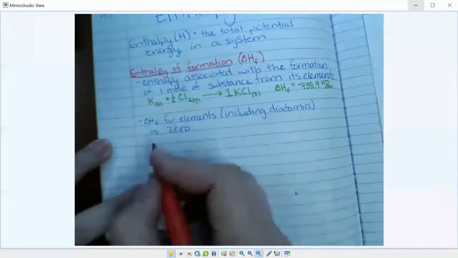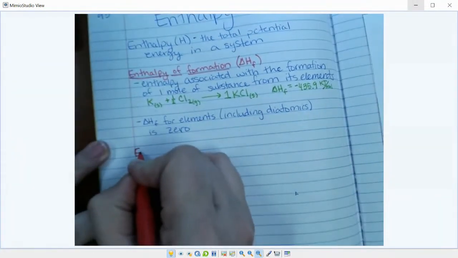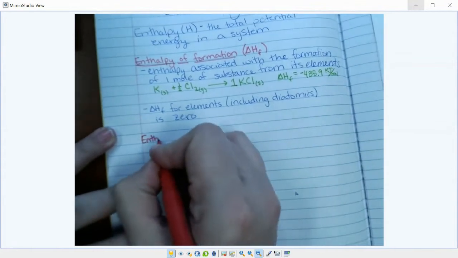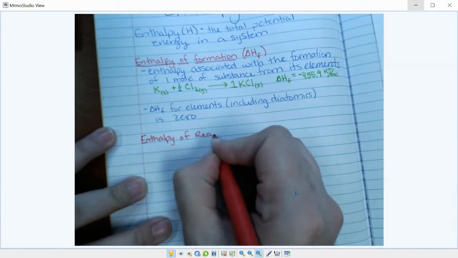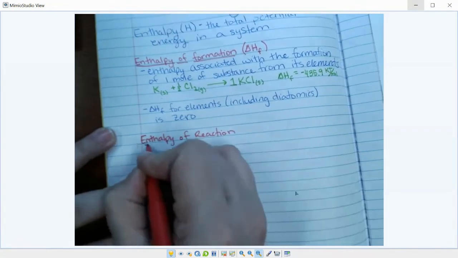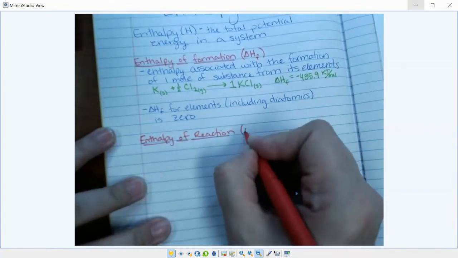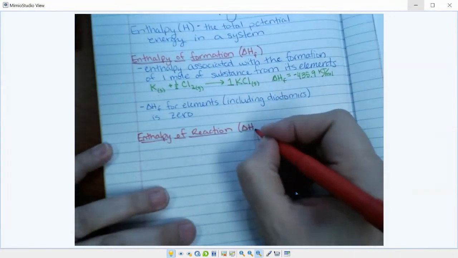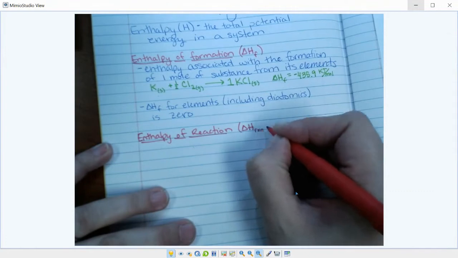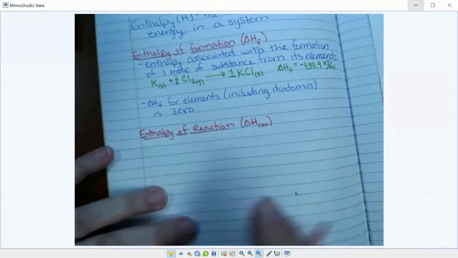The other type of enthalpy we talk about is what's called enthalpy of reaction. And so we still use delta H because we measure enthalpy as the change in something. And then we use that abbreviation, RXN, for reaction.